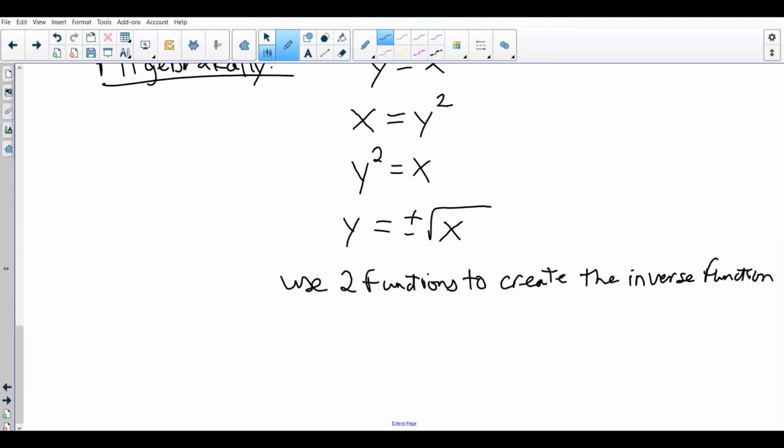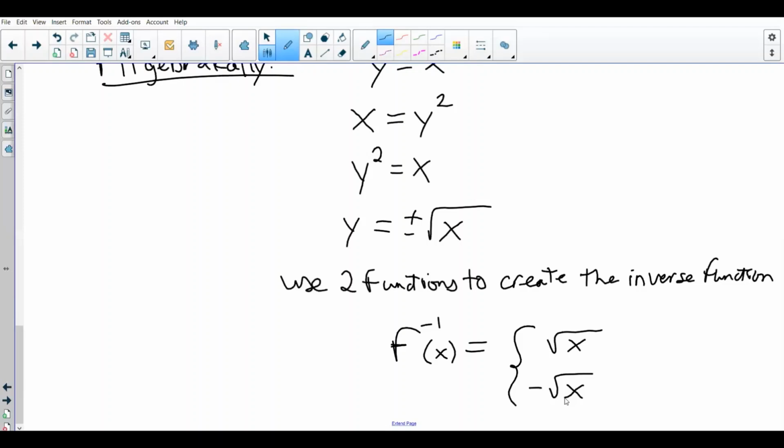Okay, so the inverse of y equals x squared is made up of two functions. One is the positive square root of x, and the other is the negative square root of x. And I think you've seen piecewise functions before. It's just a function that's made up of multiple functions.